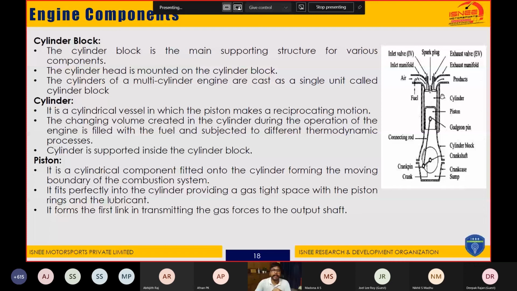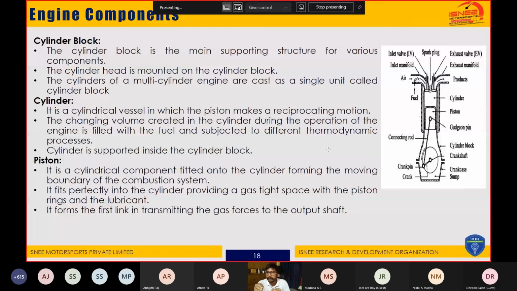It fits perfectly into the cylinder, providing a gas tight space with the piston rings and the lubricant. It forms the first link in transmitting the gas forces to the output shaft. Okay, in these strokes it will be more clear, but let me tell you that it is the first link in order to provide the power from the combustion of the fuel.